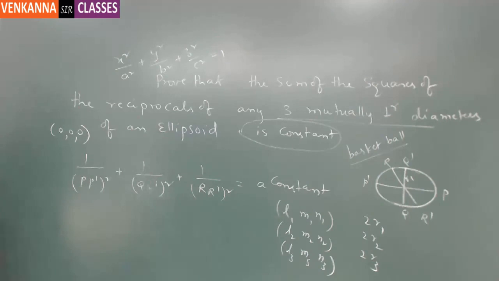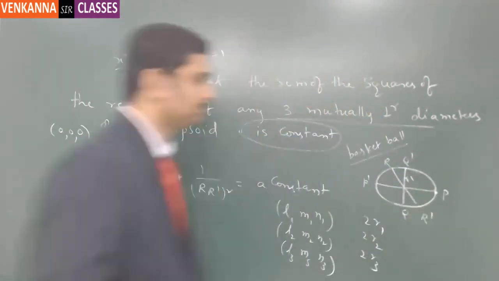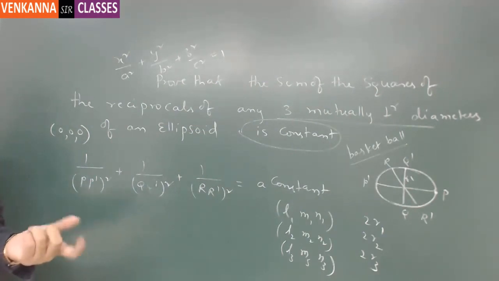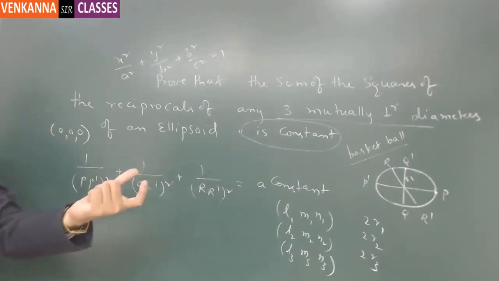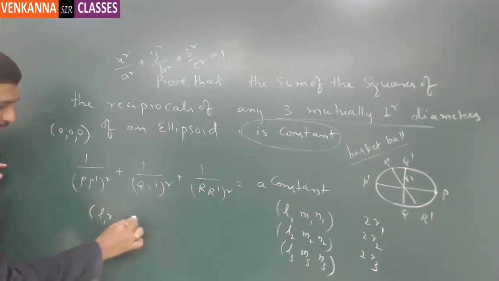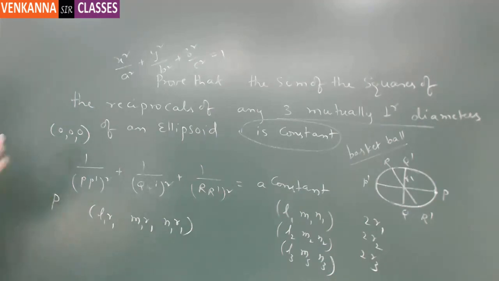As we have taken the DCs for it, what are the coordinates of P if you consider? Because L1, M1, N1 are the DCs for PP dash, and R1 is the radius, the coordinates of P is nothing but.